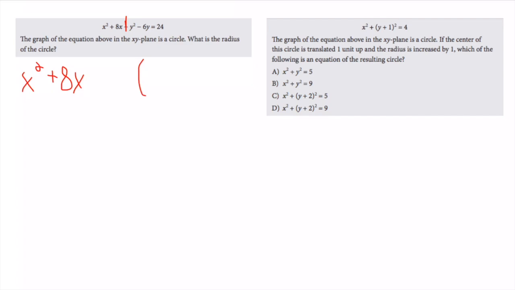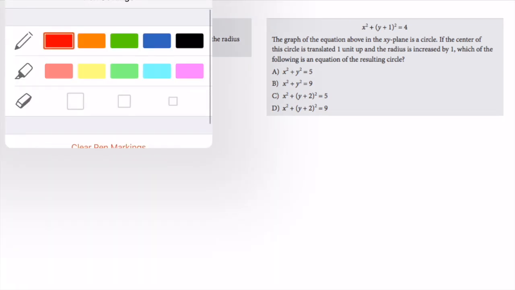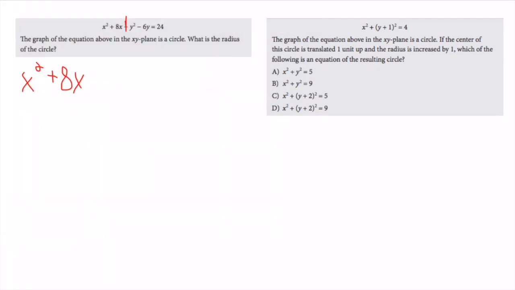I want this to look something like x minus something, squared. So to do that, I have to complete the square of what they gave me, of what they started me with.